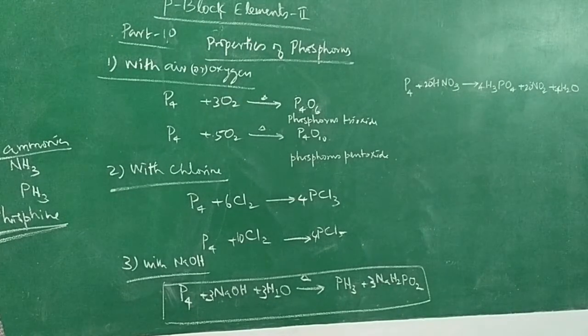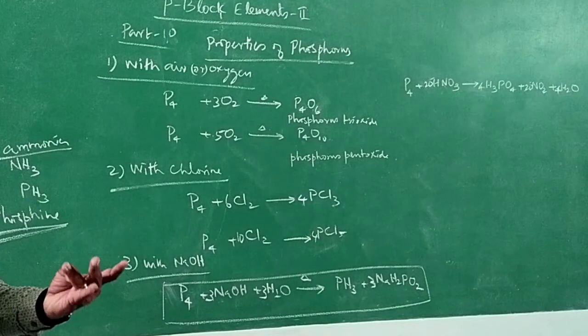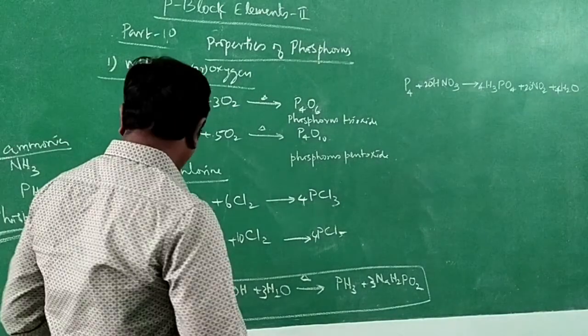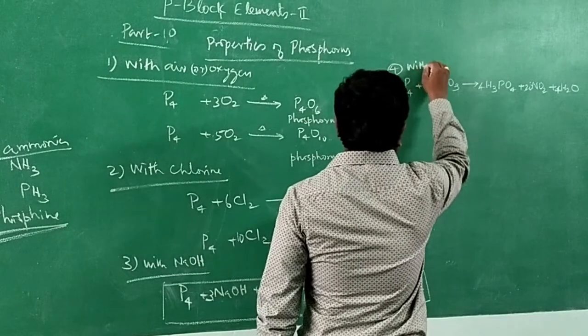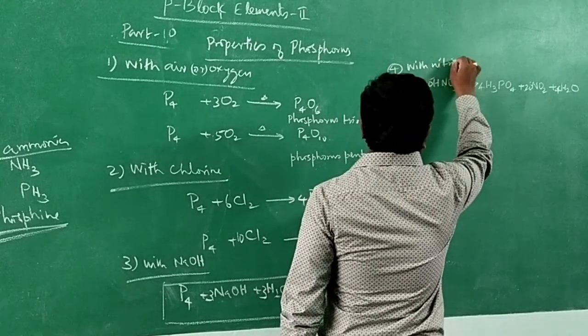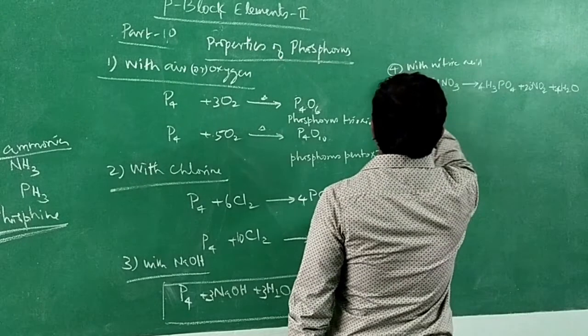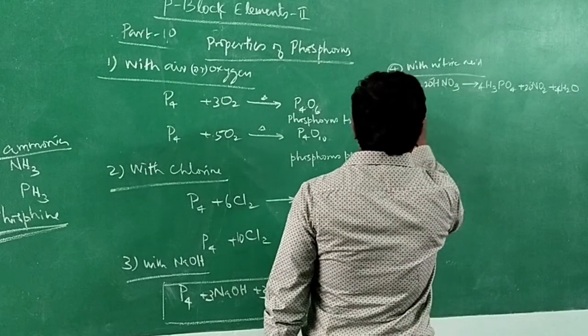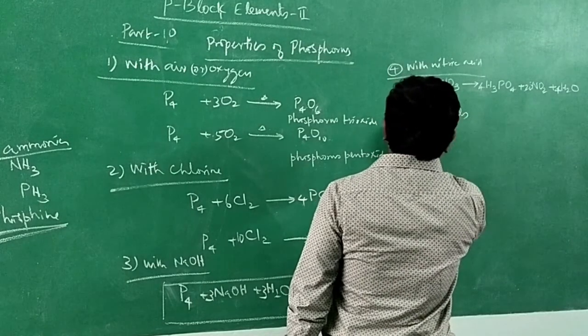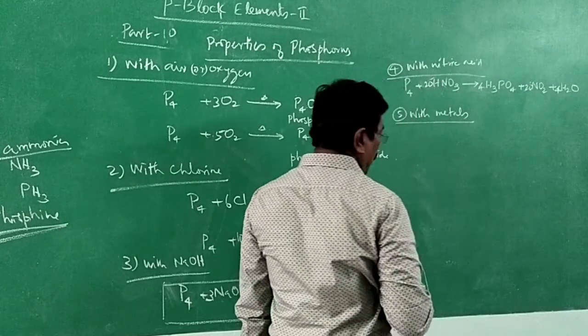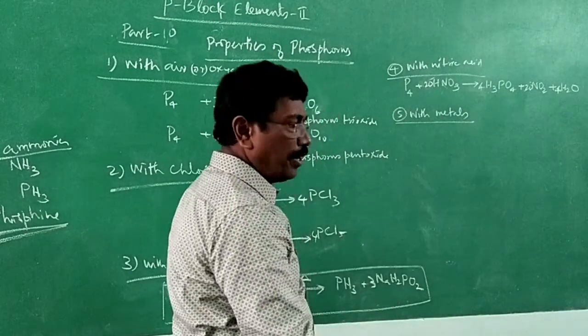Then, the fifth reaction, with metals, alkali metals or alkaline earth metals. Alkali metals: lithium, sodium, potassium, rubidium, cesium, francium.